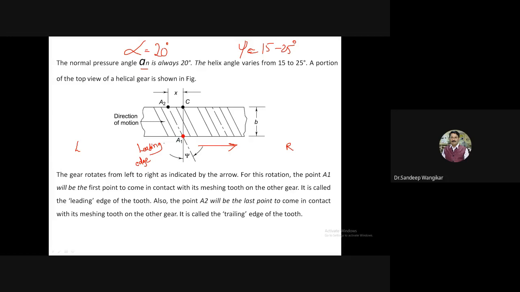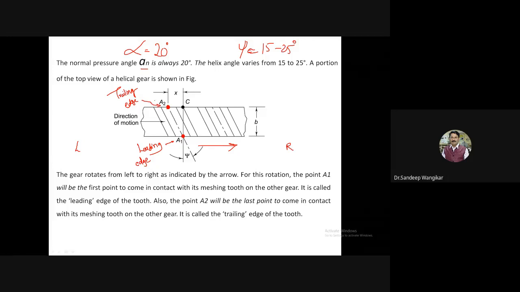Then the contact gradually continues, and A2 will be the last point on the tooth which comes in contact with the meshing tooth, and here the tooth contact finishes. So this is called the trailing edge.